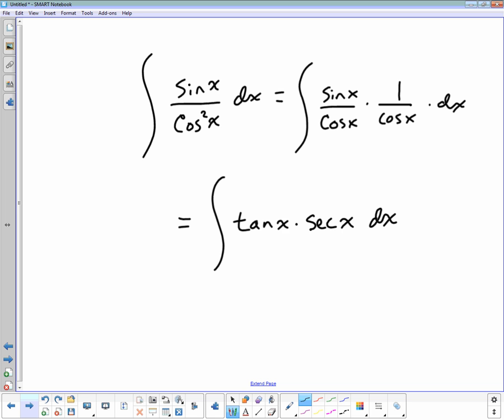Does anybody remember their common trigonometric derivatives? Look at your list of common trigonometric derivatives. That is secant squared x.